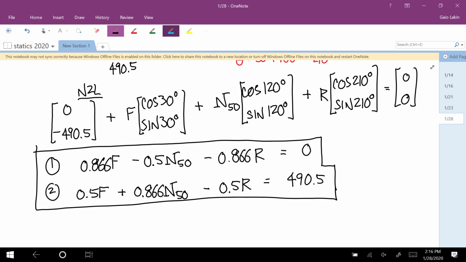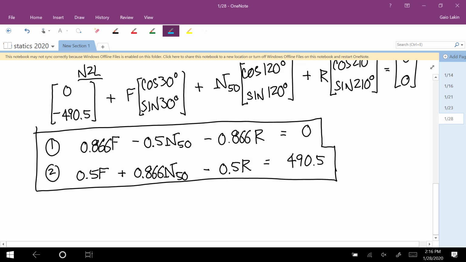Well, we have 1, 2, 3 variables and 2 equations. So 3 equations, 2 variables. No, the opposite of that. 2 equations, 3 variables. And so we know that we have to isolate another body, at least one more. The number of equations has to catch up with the number of variables.